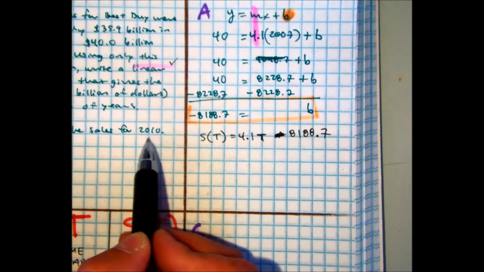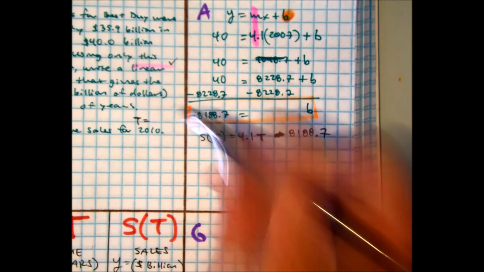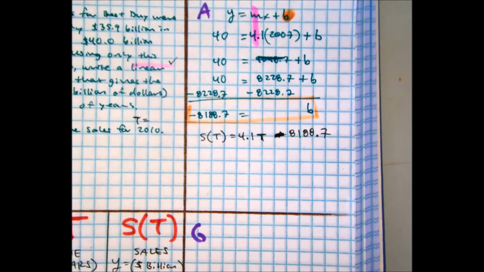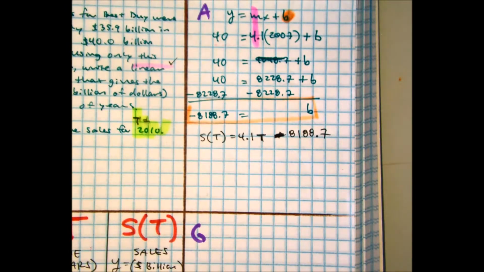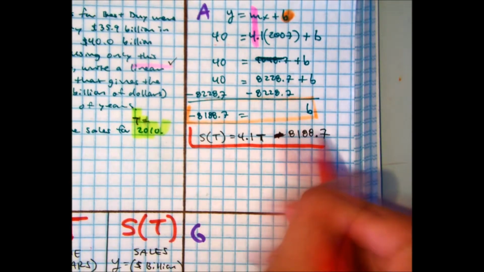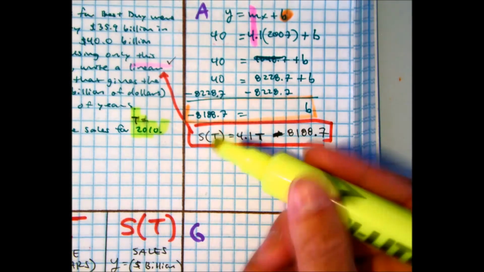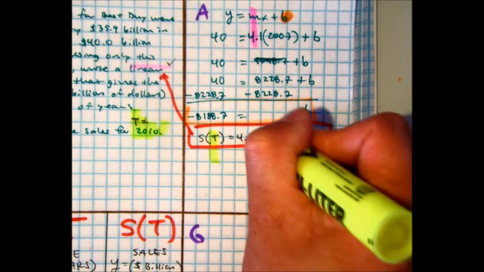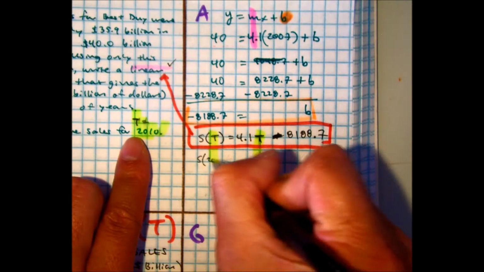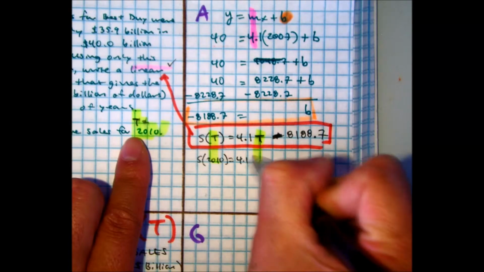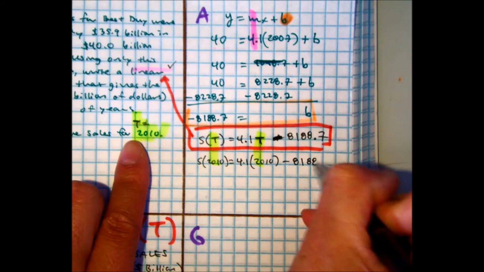Class, 2010, is it sales or time? So time equals 2010. So let's substitute in for every t value. This is our formula, our linear equation. And now if they ask me to make a prediction, S of 2010 equals 4.1 times 2010 minus 8,188.7.